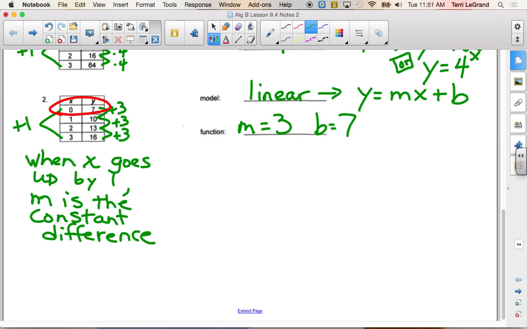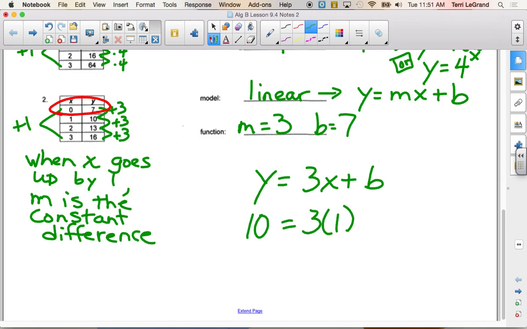We don't want to have to work this hard. We could also do something like this. We could say, okay, well, I already know that the slope is 3, so I could take one of my points from the table. I could take ordered pair 1, 10, and I could substitute in, and I could find my b. 10 equals 3 plus b.